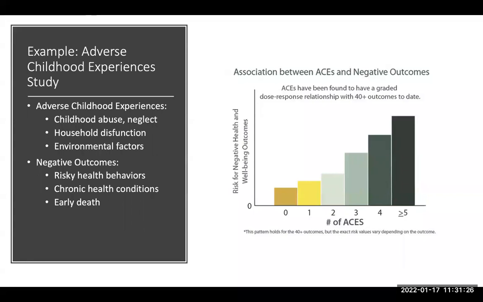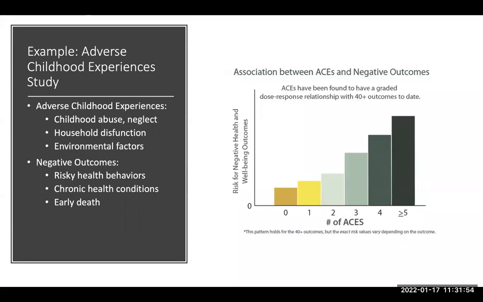Some examples, well, first, ACEs stands for Adverse Childhood Experiences, and some examples of adverse childhood experiences include childhood abuse and neglect. These include physical, verbal, or sexual abuse. They might witness domestic abuse as well, for example.